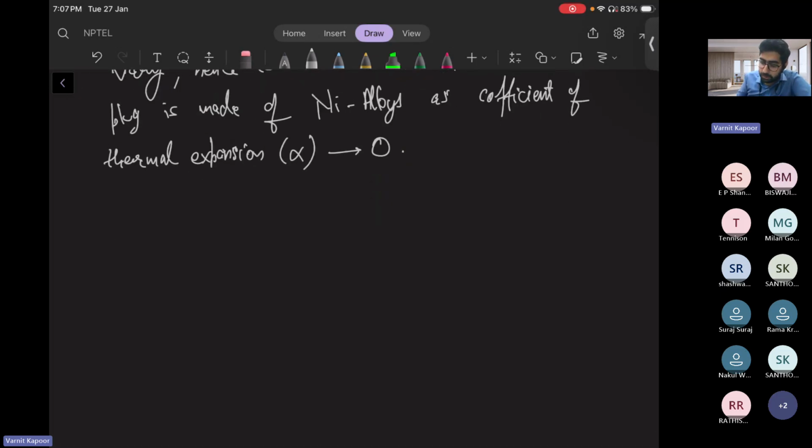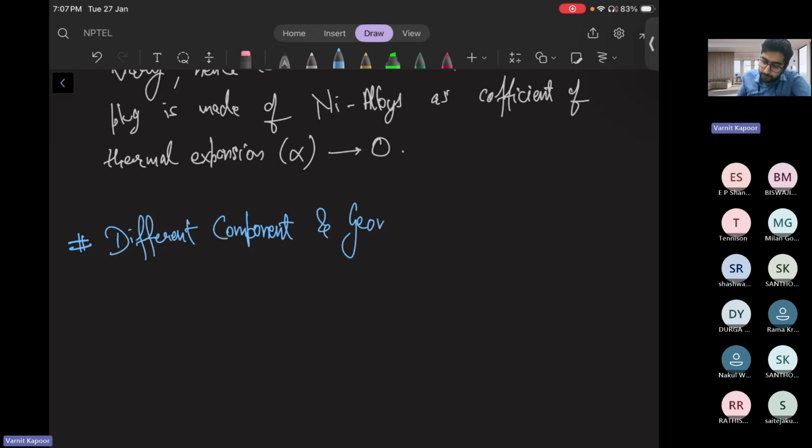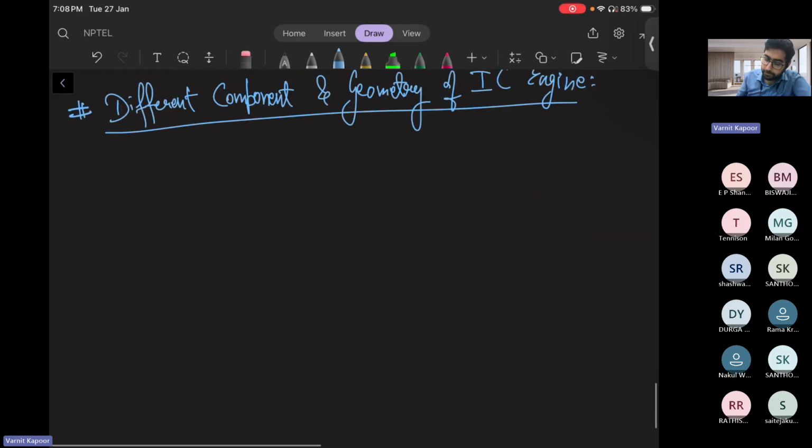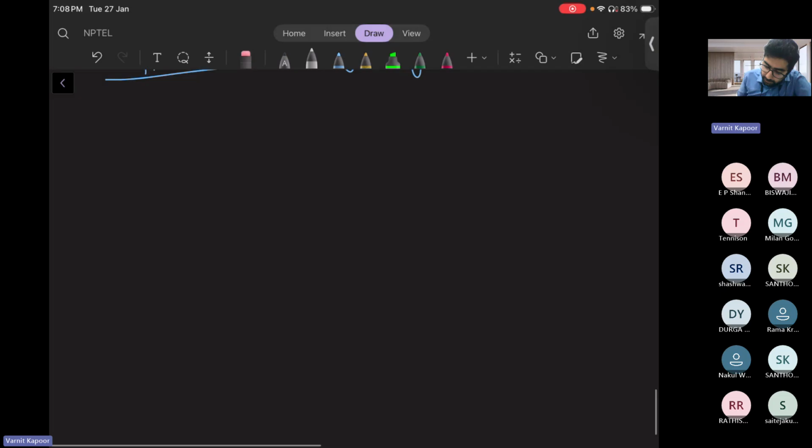Now let's come to the next topic, that is different components and geometry of the IC engine. Let me draw the figure once again. I'll make a very clean figure this time.